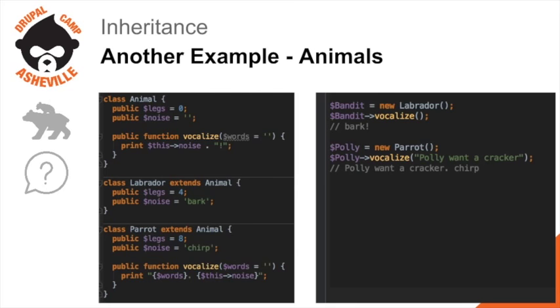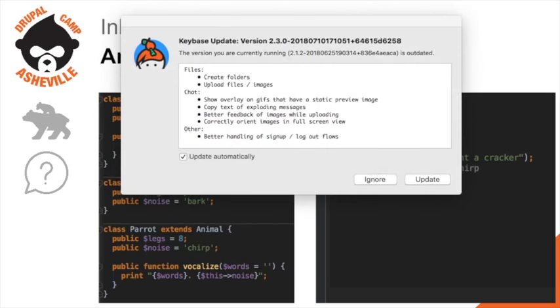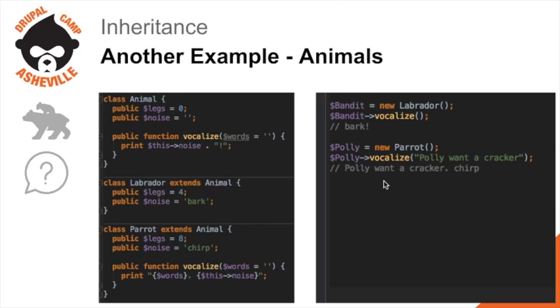All animals have a number of legs, and they make a noise, or they have a baseline noise. And when they make that noise, we're going to say that they do it with their voice, so they have a method called vocalize.